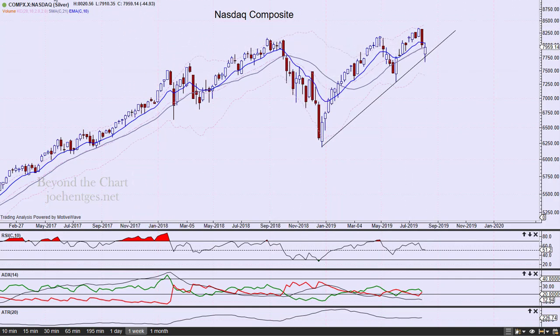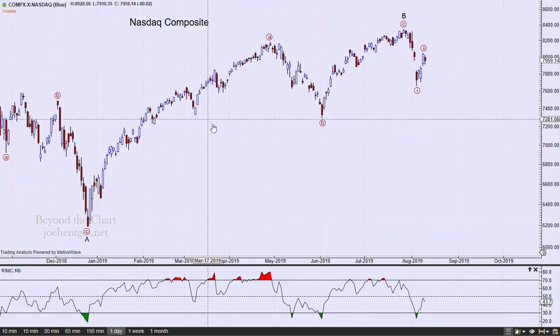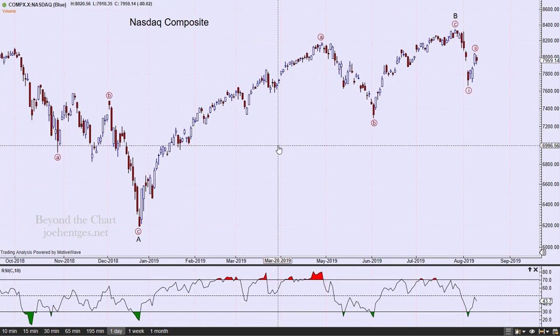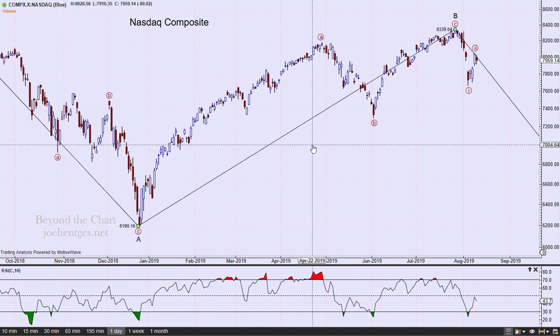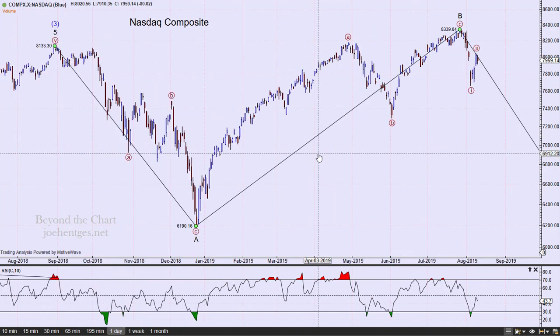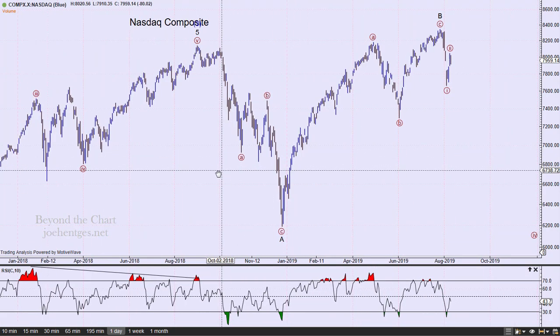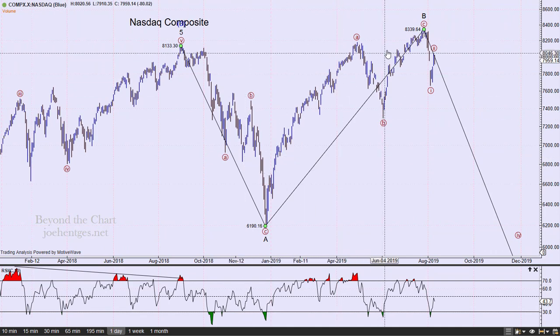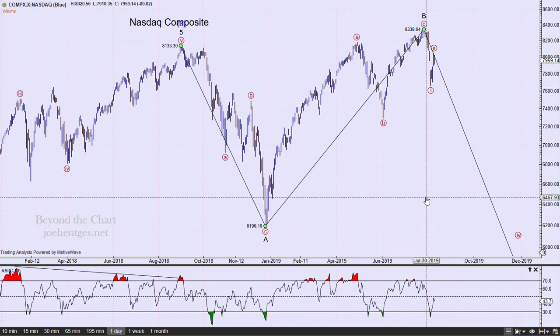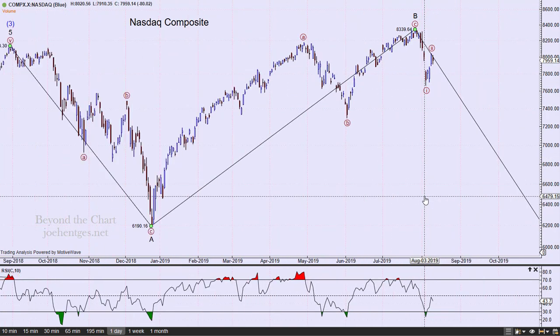So let's take a look at the Elliott wave picture. Now, the preferred count that I've got here on the Nasdaq, let me zoom out, I guess, to a bigger picture. I'm working this large flat, this A, B, C flat, 3-wave, and I'm looking for a 5-wave down. So that's what I'm looking for in here.